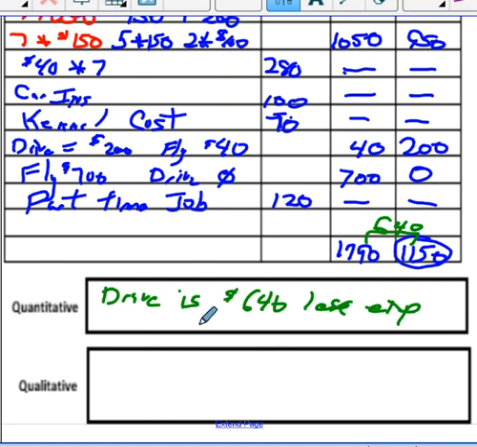Now, that doesn't mean you should take that. It's up to John to decide whether the additional cost is worth it. Which brings us to the fact that not only do we have to do a quantitative analysis, quantitative meaning x greater than y or y greater than x, we also have to do a qualitative analysis.